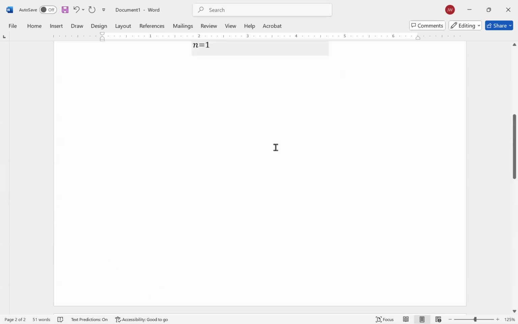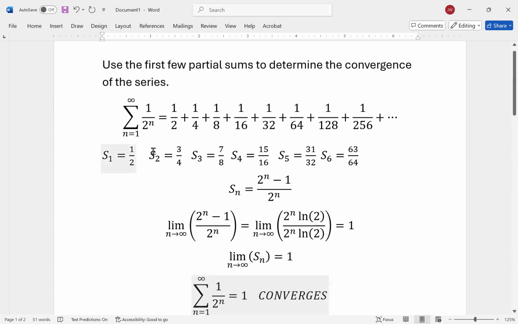In my first example, the terms did get closer to zero. The individual terms that I'm adding up, as n goes to infinity, are going towards zero. The fractions that I'm adding are going towards zero.